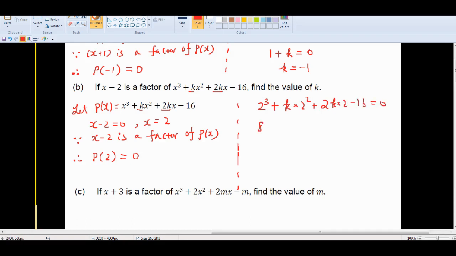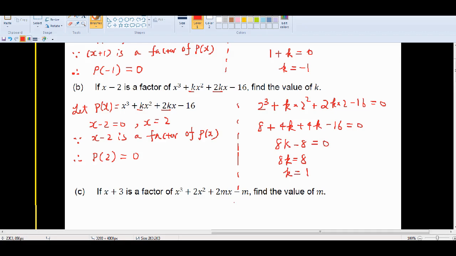So you have 8 plus 4k plus another 4k minus 16 equals 0. So that will be 8k minus 8 equals 0. You put that 8 onto the right hand side, k equals 1.